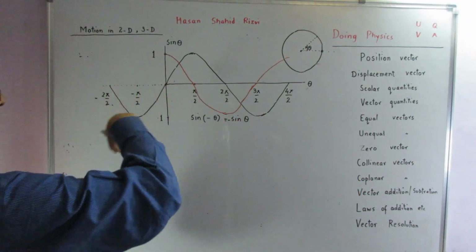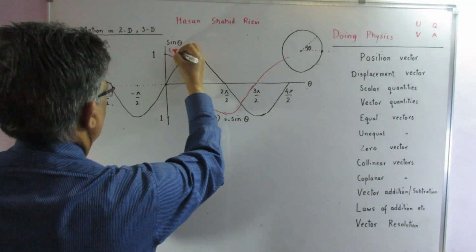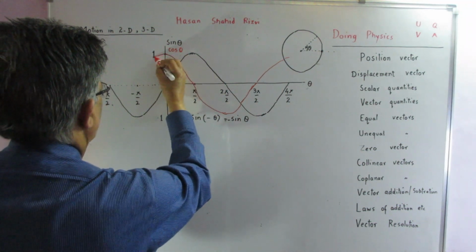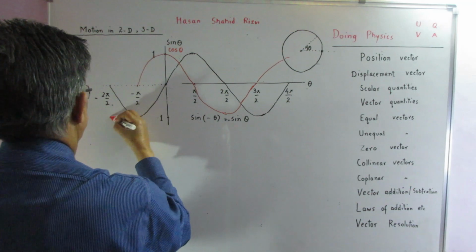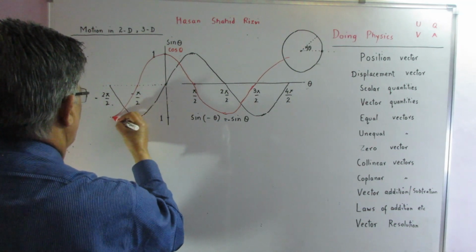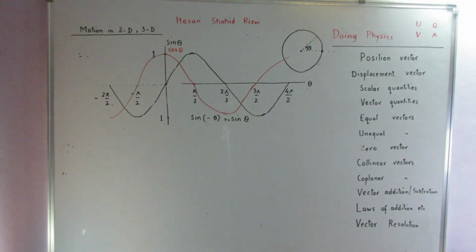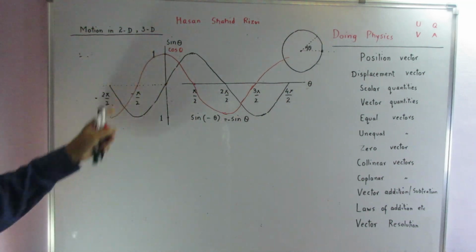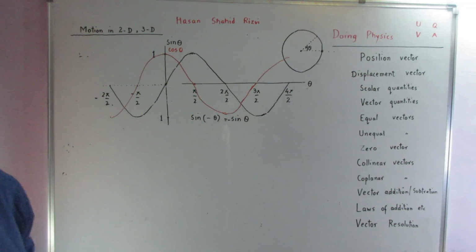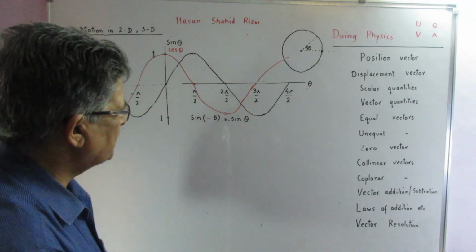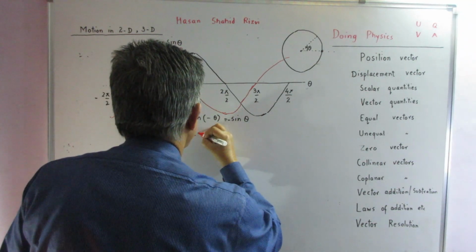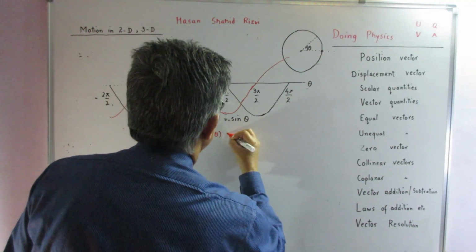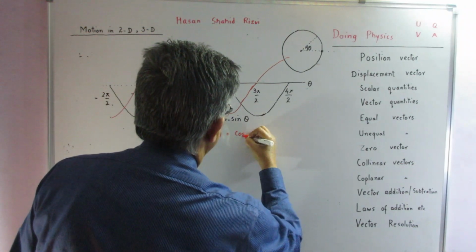So this red curve is for cos theta, and if we complete it, it will go something like this. So I hope you understand. Now the right hand side and the left hand side of this curve are mirror images. Because they are mirror images, we can say that cos of minus theta is equal to cos of theta.